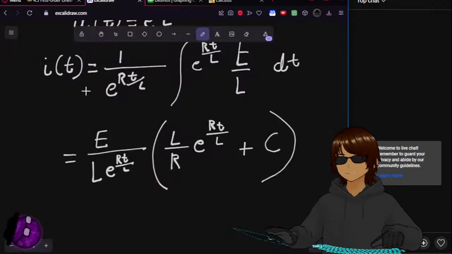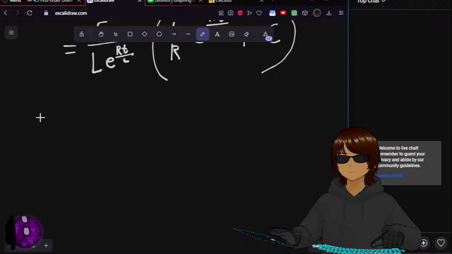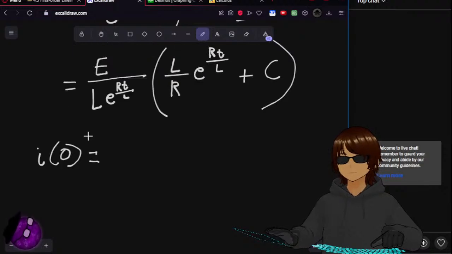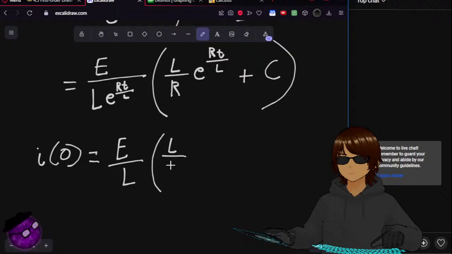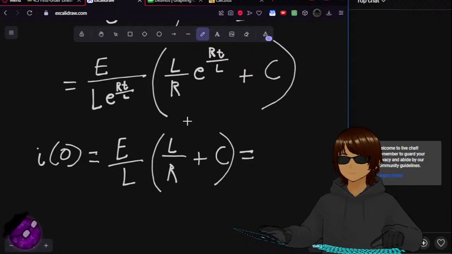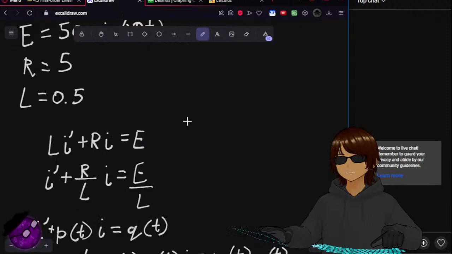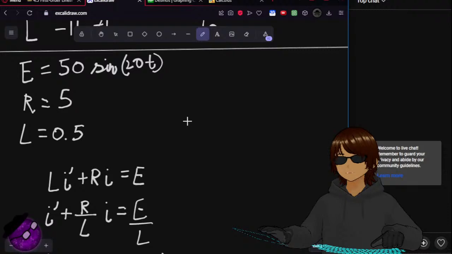If the initial current is 0, so if I is 0, e to the power of L to the power of R, this becomes 1, E over R becomes 50.